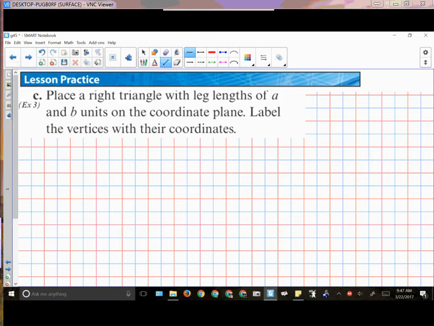Place a right triangle with legs of length A and B on the coordinate plane and label the vertices with their coordinates. Now, I want to do this as simply as I can. So, my vertices.